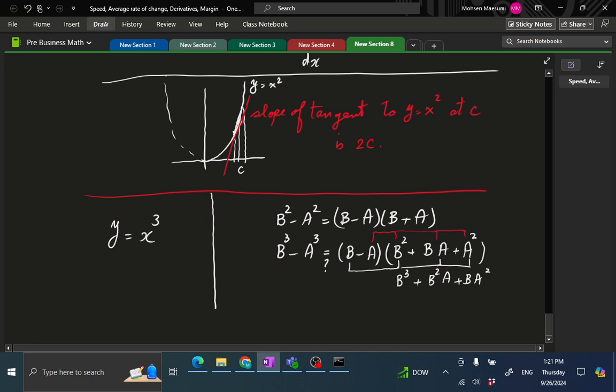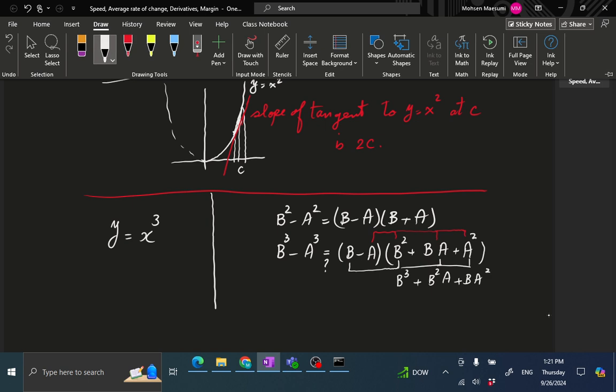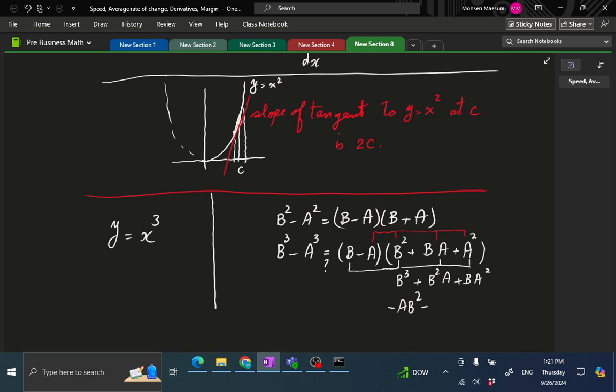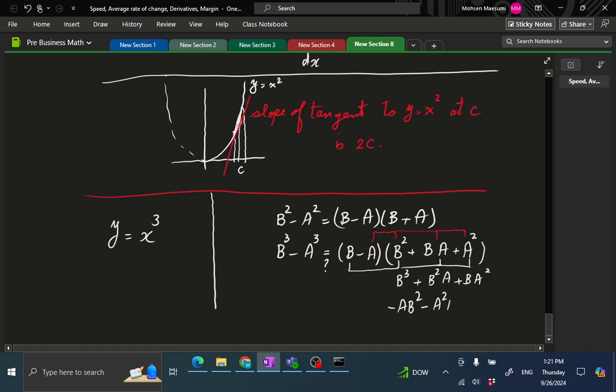So I will have minus ab squared, a times b times a is minus a squared b, and a times a will be a cubed.